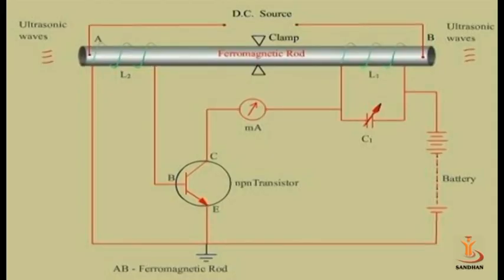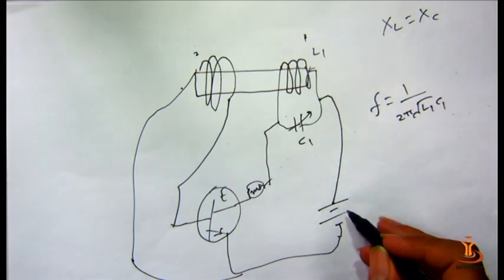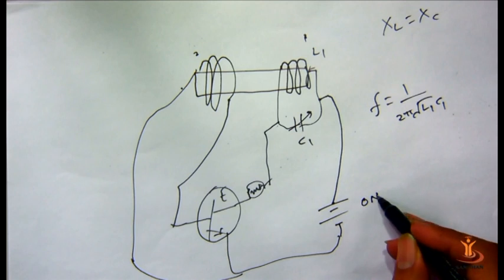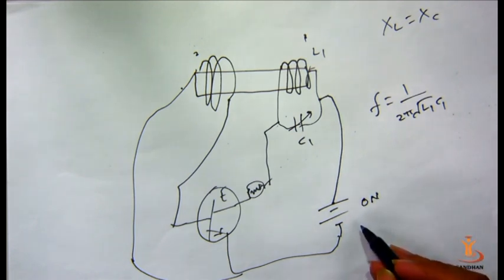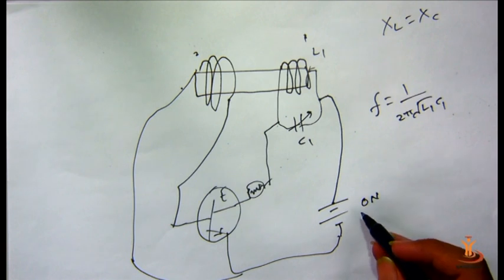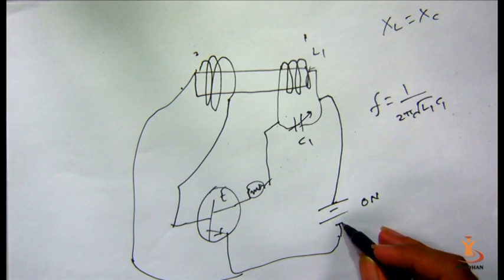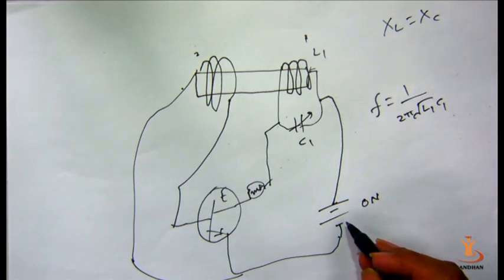If we see the working, as we switch on the power supply, current passes through the circuit's components.